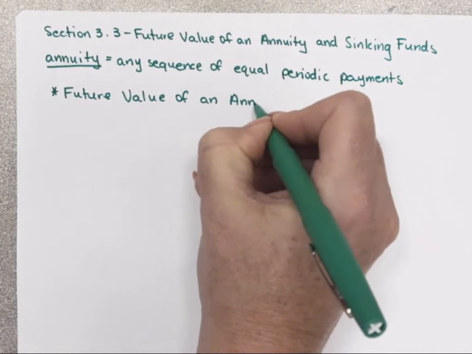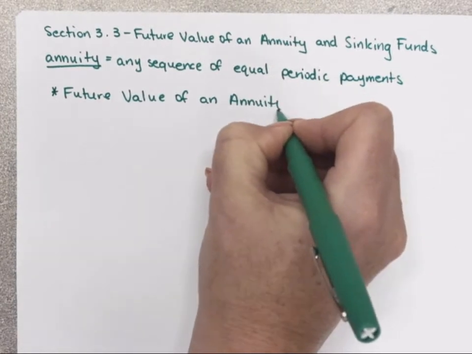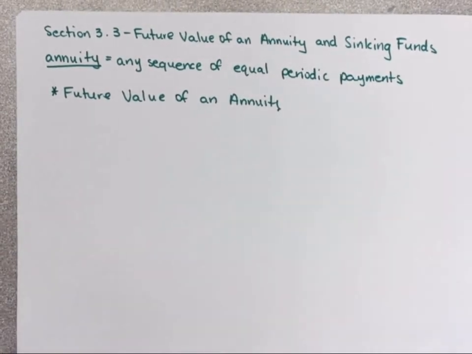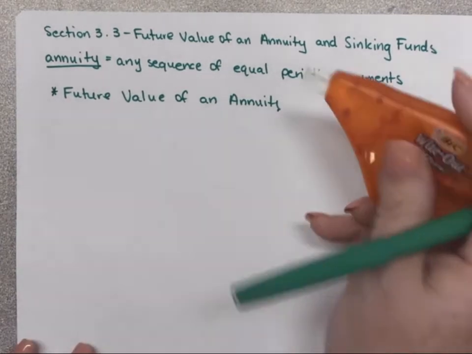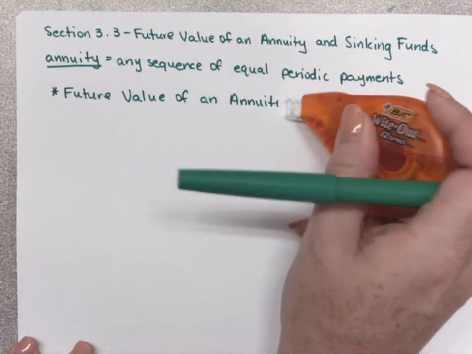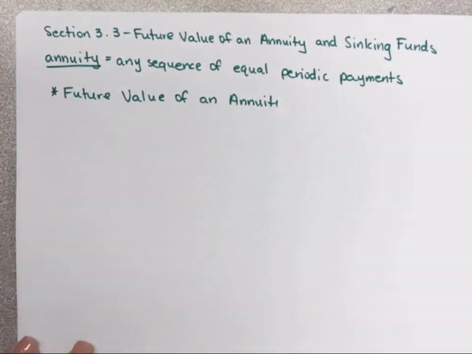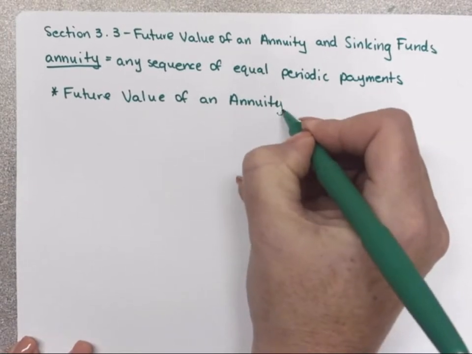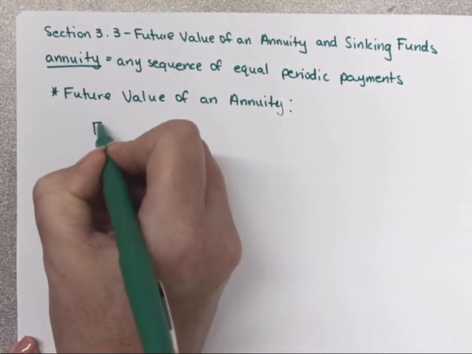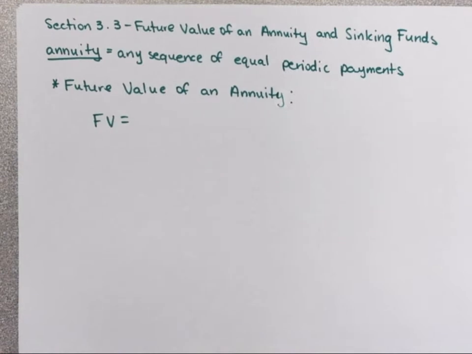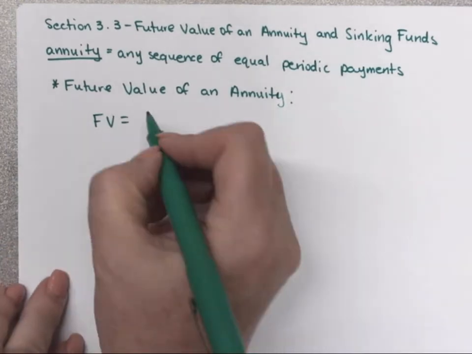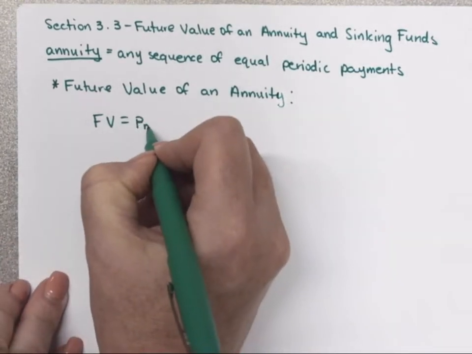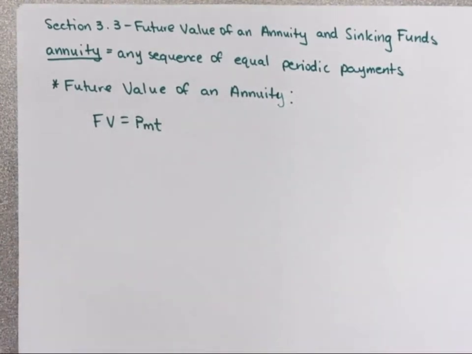Now I'm going to give you the formula that the textbook gives you. It is not necessarily the same format as I've seen in most other books. It's kind of an oddball book in this way. So if you want future value, which I usually call FV, I think the book might call it something a little bit different, but I think it's easier if we call it something that uses the letters of the word.